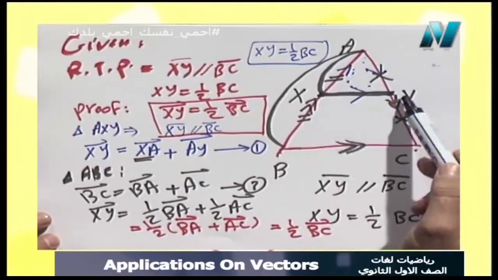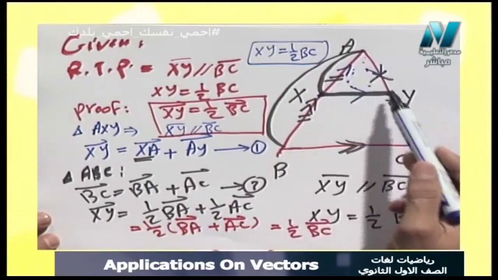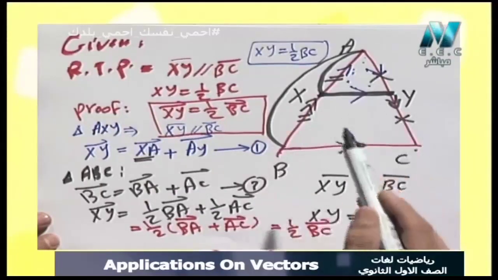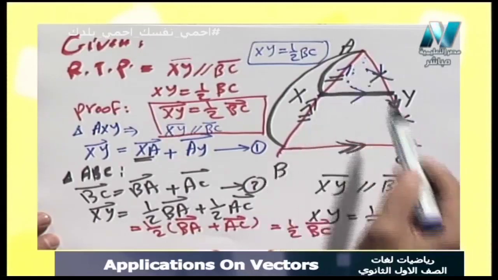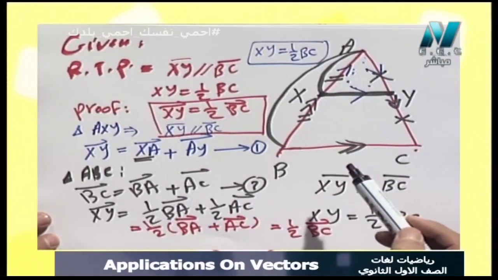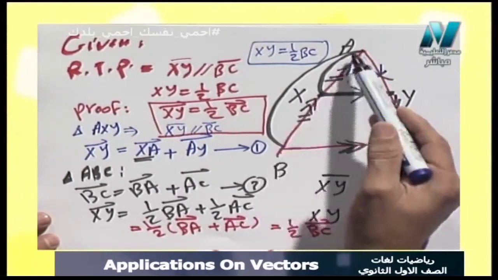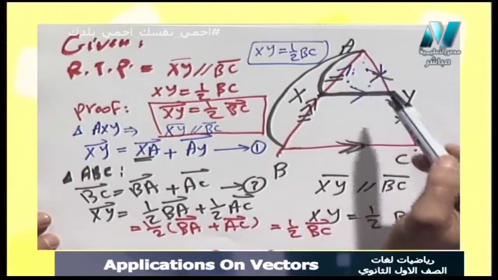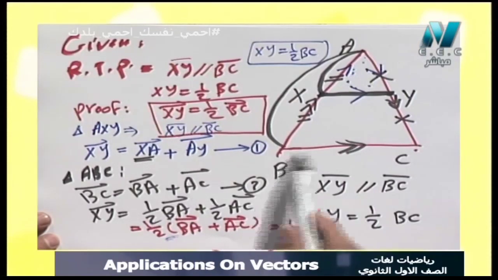In triangle AXY, we have the vector XY equals the vector XA plus AY, and from triangle ABC we have the vector BC equals the vector BA plus AC, and we substitute the vector XA by half the vector BA, and the vector AY equals half the vector AC, and we take half as a common factor here, so BA plus AC, we know that it's BC.